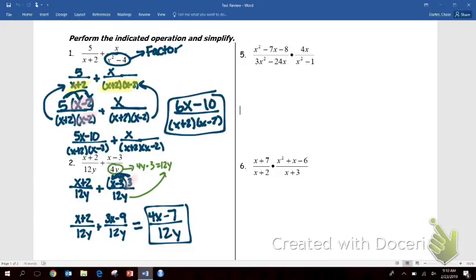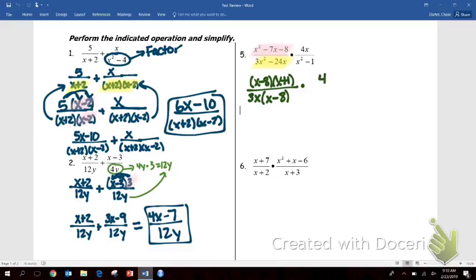That's it. Okay. So I need to factor this, and when I factor that, I get x minus 8, x plus 1. I need to factor this, and when I factor that, they both have a 3x in common, so that leaves me with x minus 8.